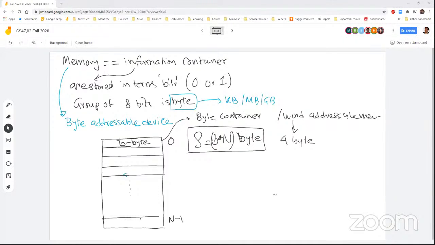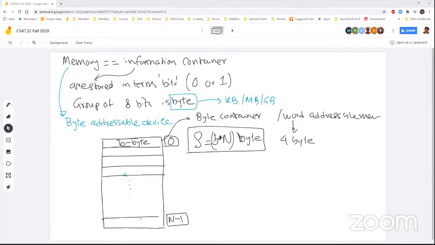Professor, for the markers you put on the right hand side of the rectangle, those are the addresses, right? 0 and n-1. Are the addresses the size of the bit? Yeah, that part is coming up. These are some indices we are putting in as the address of the container, right?